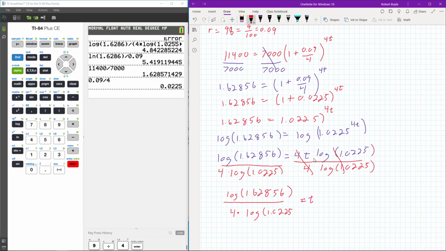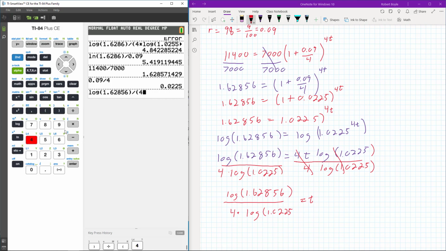And this we can compute on our calculator. Notice log stands for this button right here, so I'm going to hit log 1.62856, close parenthesis, divide. Now since we have two terms in the denominator, we need to start with the parentheses so we can combine those two terms.